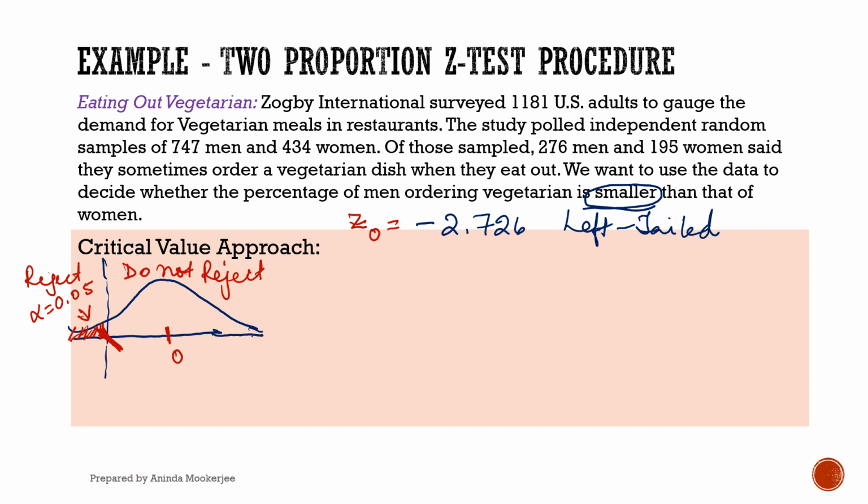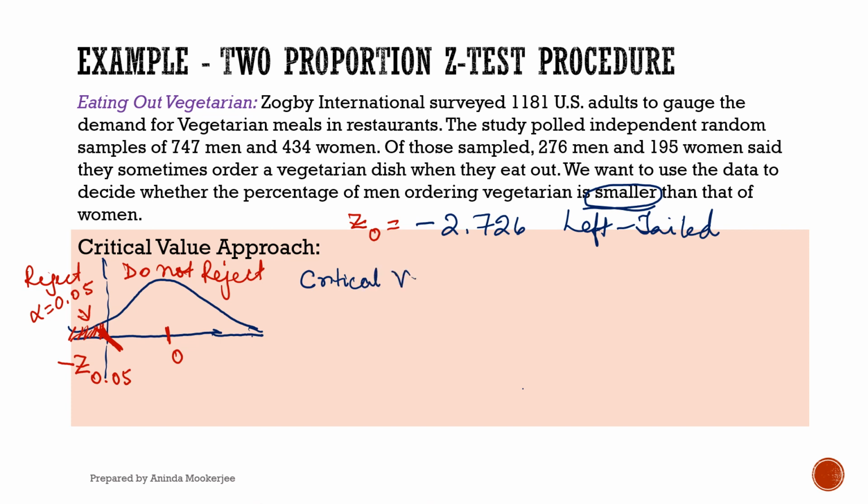The cutoff critical value will be negative z of 0.05. The way we are going to write out our findings from this approach is first to state what your critical value is.